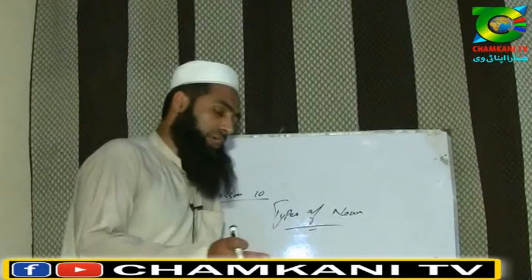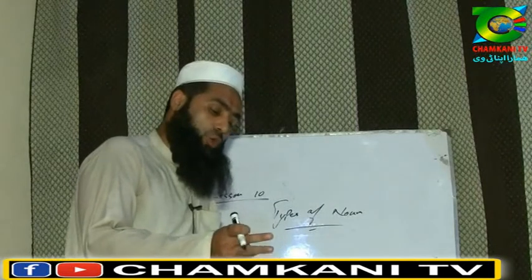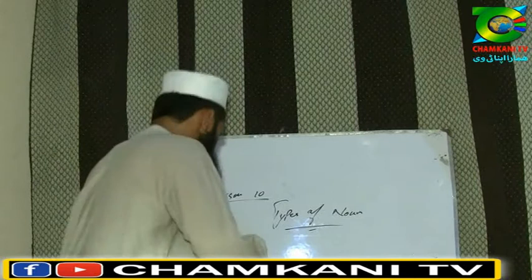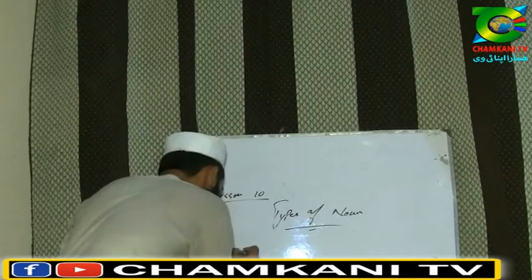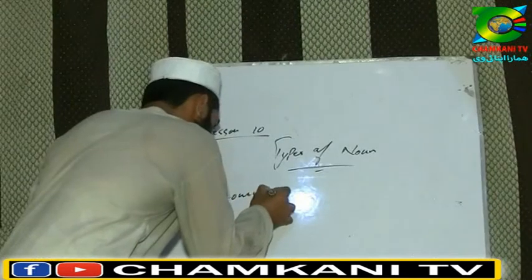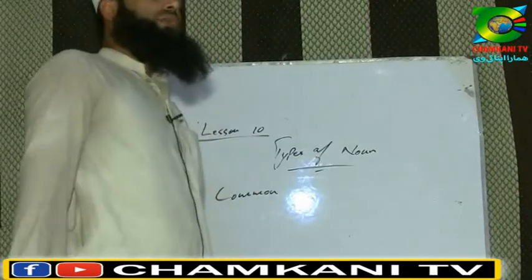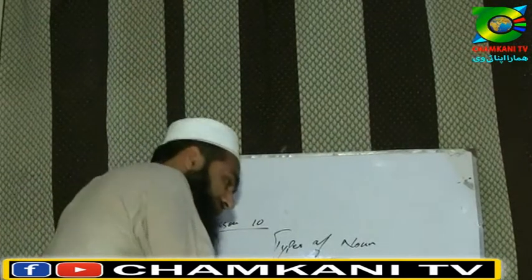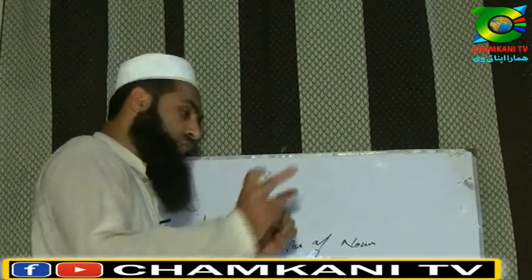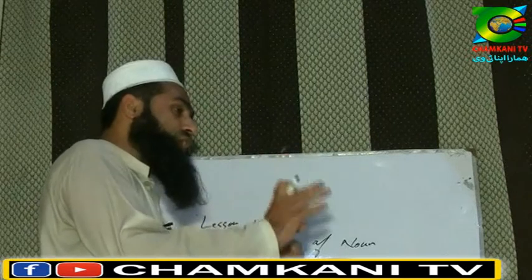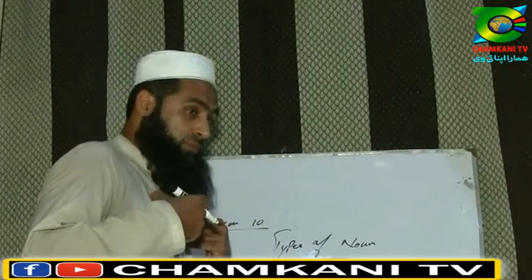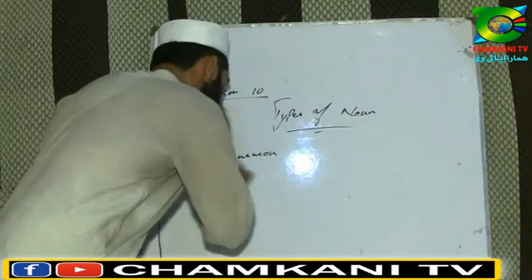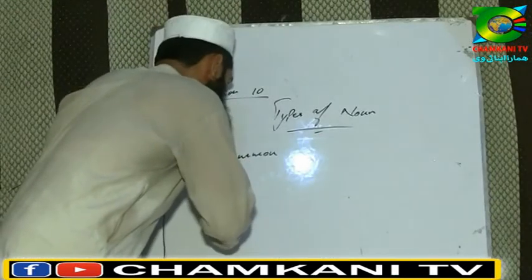In our English language class, we need only 4 aspects of the types. The first one we need is common noun. We need means that we need in our English language class. So we will do the portion of the grammar which is needed for us. If it is not needed, we won't discuss it. Okay?